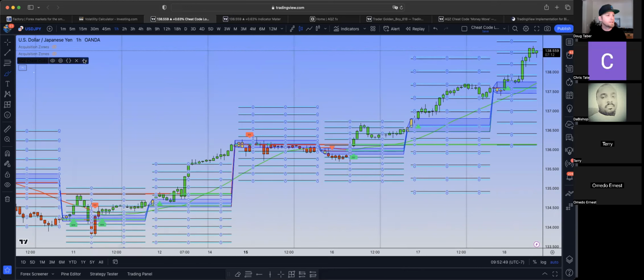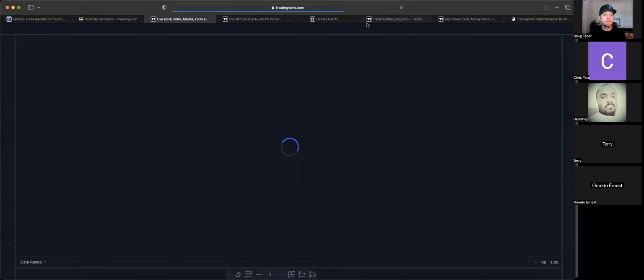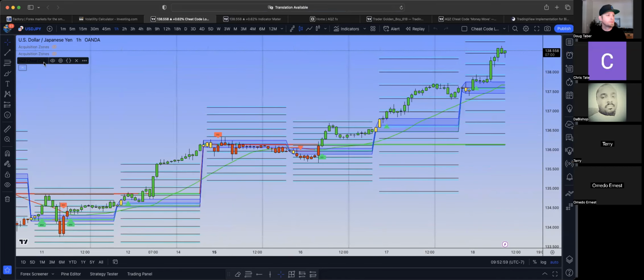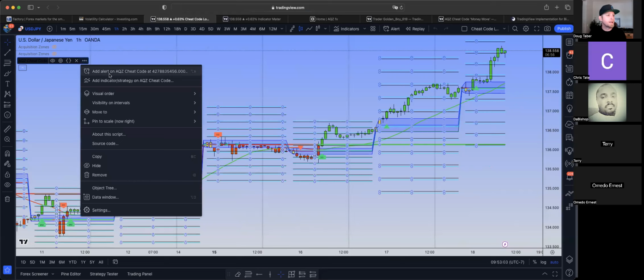If it doesn't click for you, then simply save your chart here, refresh, come back over here and click those 3 dots. And you want to add alert on AQZ cheat code.